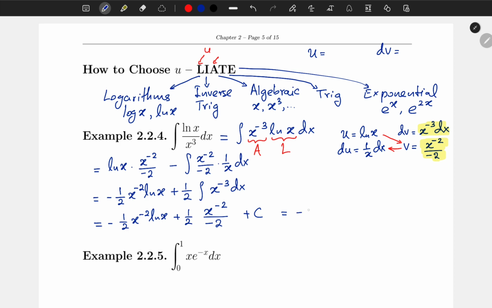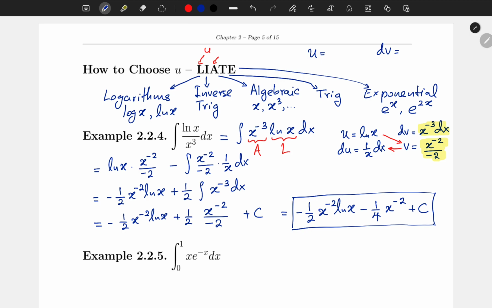So that's the answer. If you want to rearrange things a little bit, you get half x to the negative 2 ln x. That's the first term. Minus 1/4, because there are two 2's and a negative, x to the negative 2 plus c, an arbitrary constant. Okay.